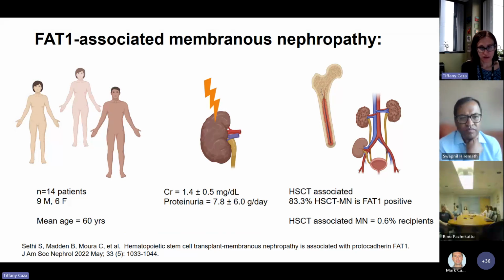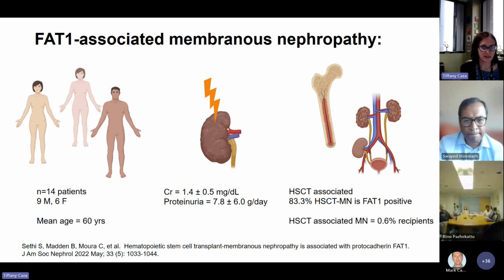And FAT1 associated membranous, similarly to protocadherin 7 associated membranous, is a protocadherin protein. And this has a unique clinical situation, and that is seen in the setting of hematopoietic stem cell transplant, where the majority of cases of hematopoietic stem cell transplant associated membranous are FAT1 positive, and this is associated with chronic graft versus host disease.